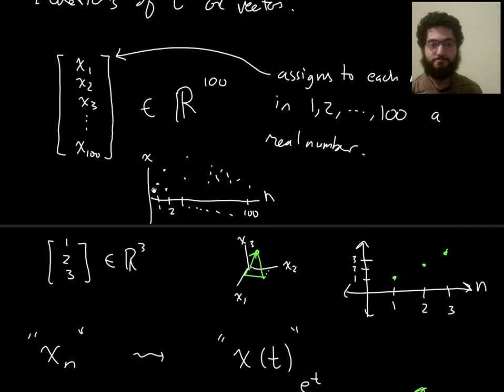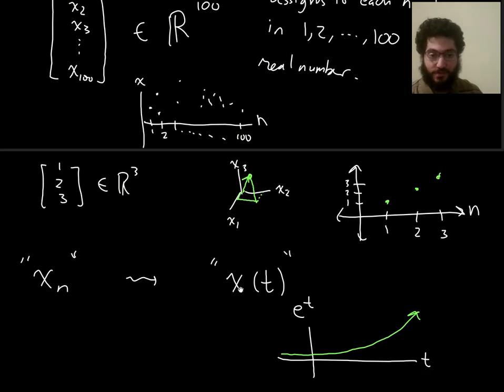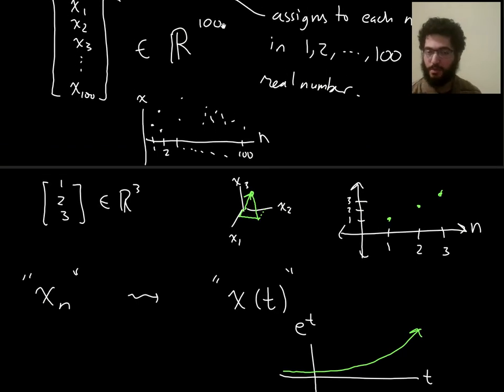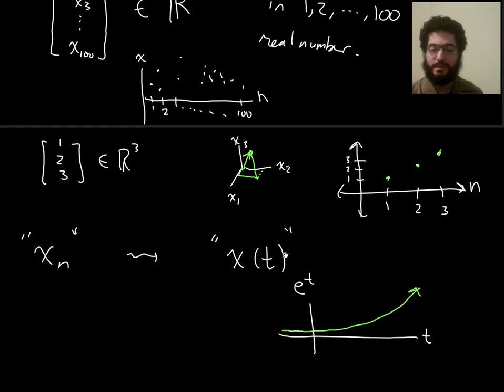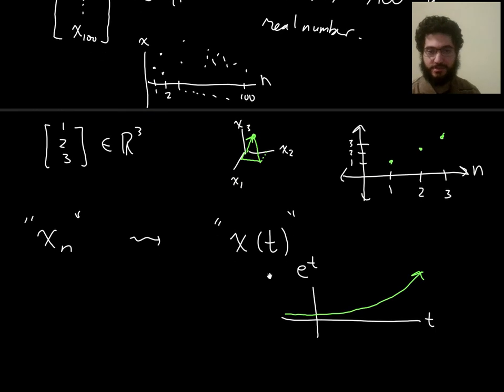And then we just think, well, just that picture, but more. Whatever that means. If you want to imagine it as a point, or as an arrow from the origin to a point in a space, that space would be not 100-dimensional, it would be infinite dimensional. So that's what people mean when they say that these functions are living in an infinite dimensional vector space. They are vectors in an infinite dimensional vector space.